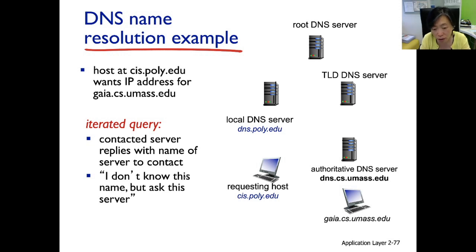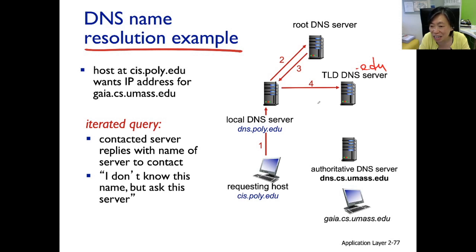And so the process goes. The client here issues the query. The local DNS server now forwards the query first to the root. The root returns the IP address of the .edu TLD server. Therefore, the local DNS server can re-forward the query to the .edu TLD DNS.